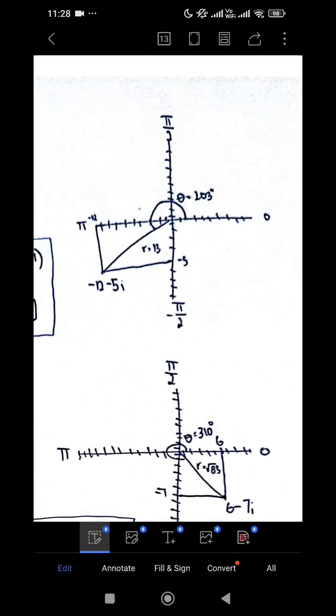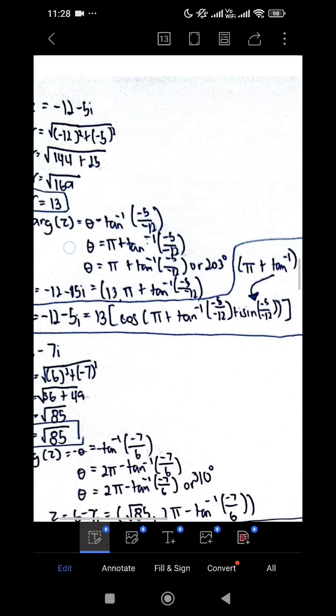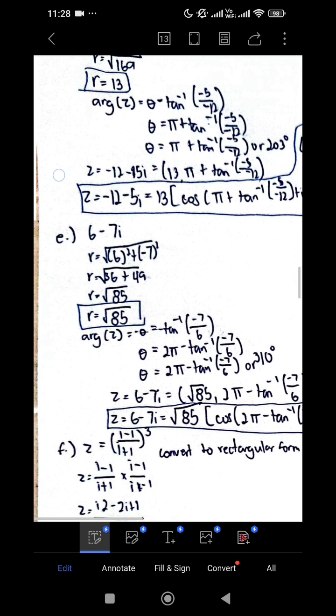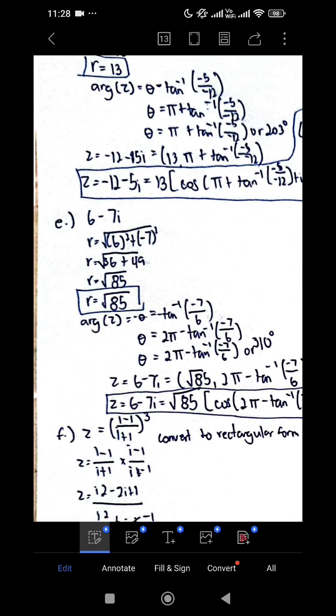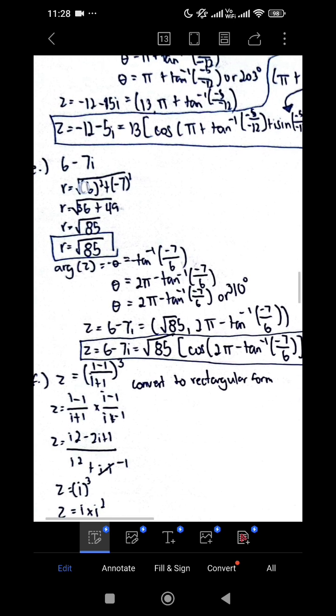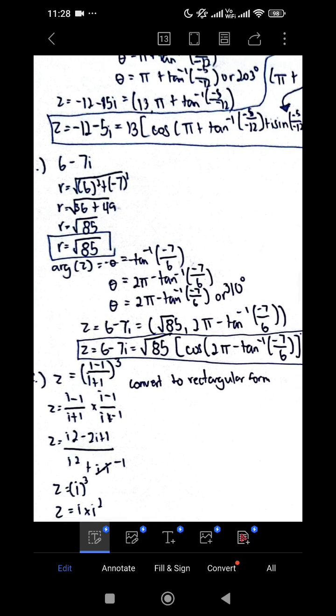Then here is the graph. The value is here, negative 12, and the value is here, negative 5. Then E is z equal to 6 minus 7i. Substituting, we'll get 36 plus 49, which is 85. The square root of 85 is not a whole number, so we leave it the same.